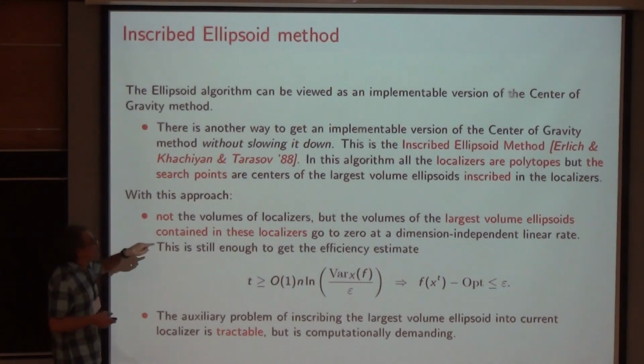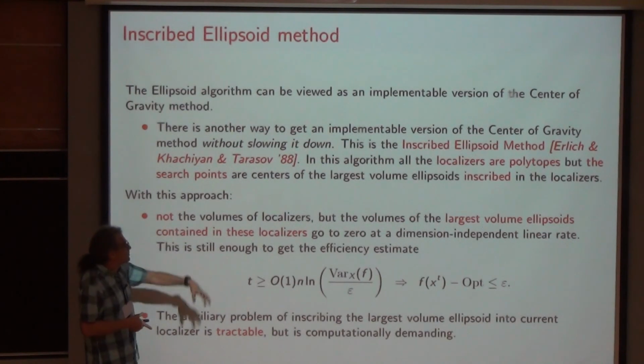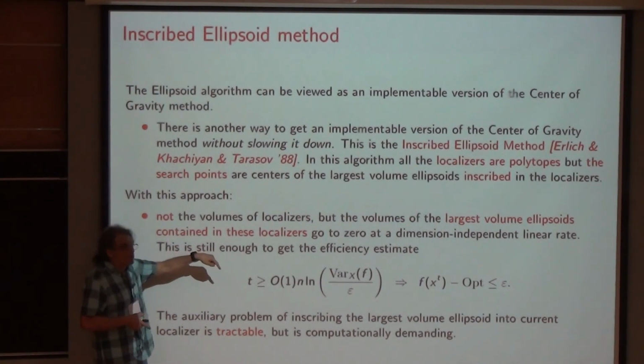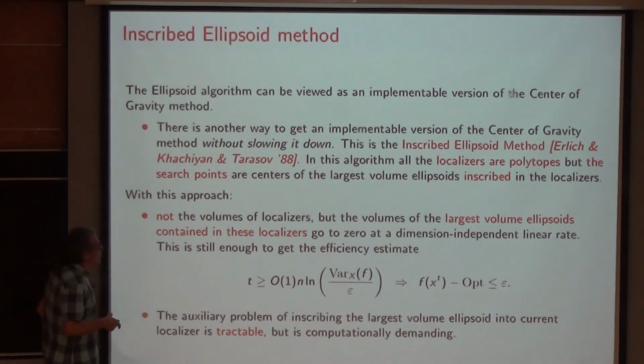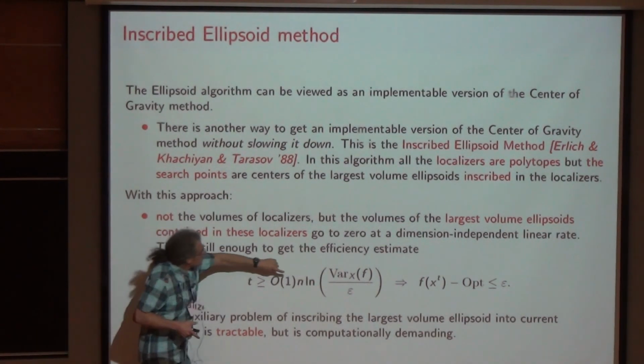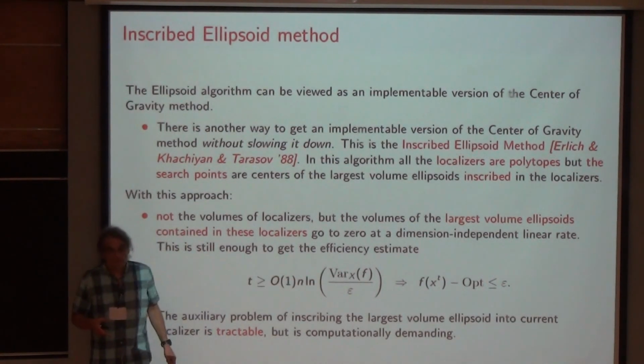As it happens, you can show that the volumes of the inscribed ellipsoids will go fast to 0, and the rate of convergence of the algorithm will also go fast to 0. So this algorithm has a better complexity estimate: it's n instead of n squared for the ellipsoid algorithm.